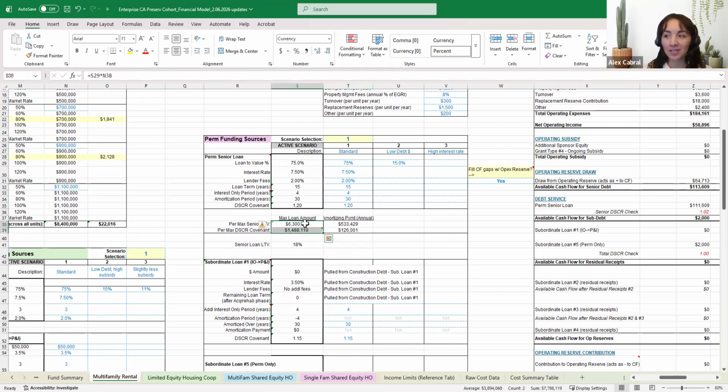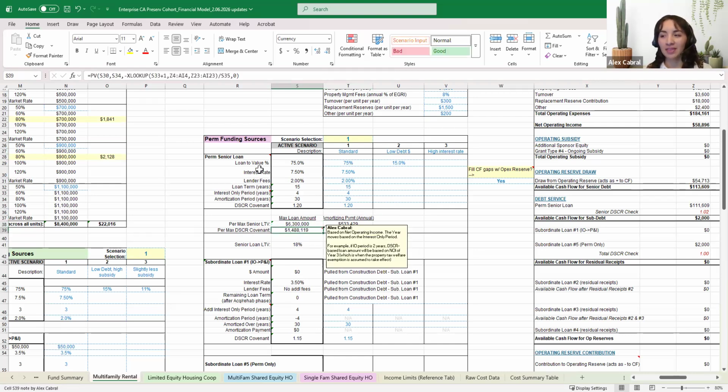So you can see, as I mentioned, there's a pretty big difference here. Although maybe our lenders would lend to us at 75% LTV, the 1.2 debt service coverage ratio actually inhibits our loan amount a bit. So it doesn't even reach 1.5.